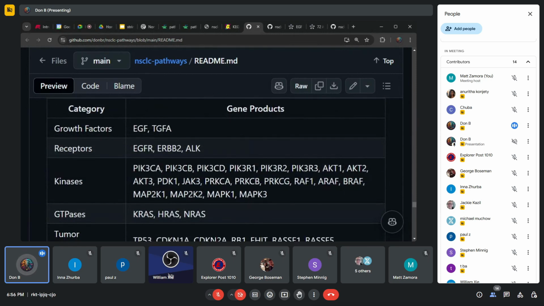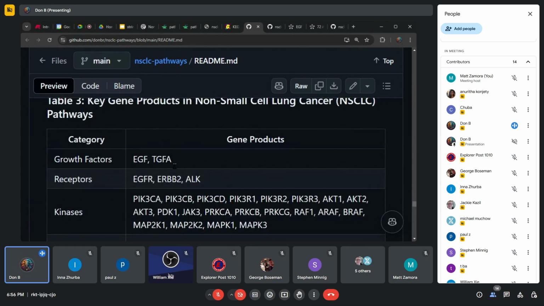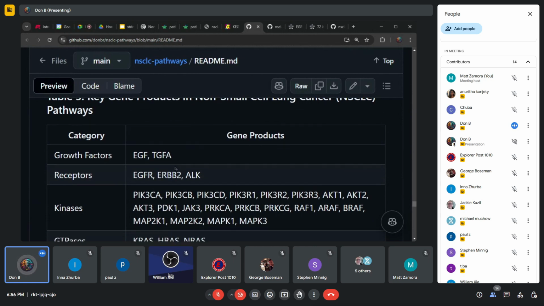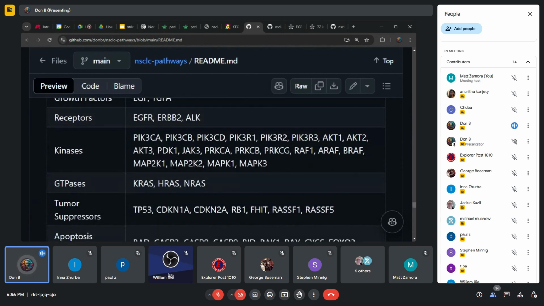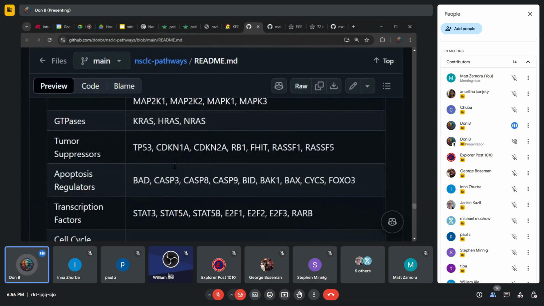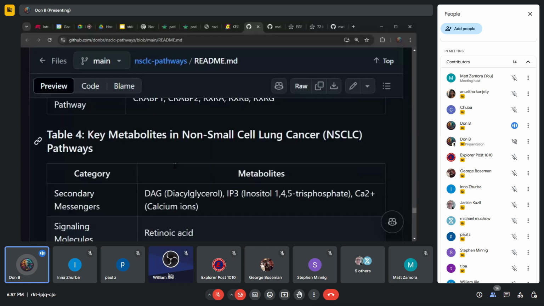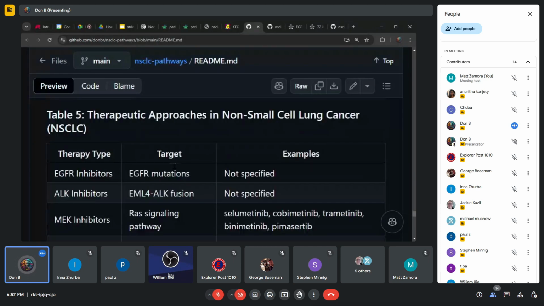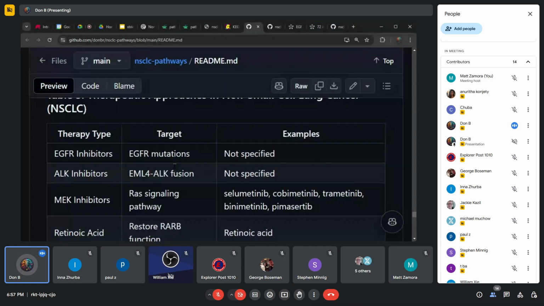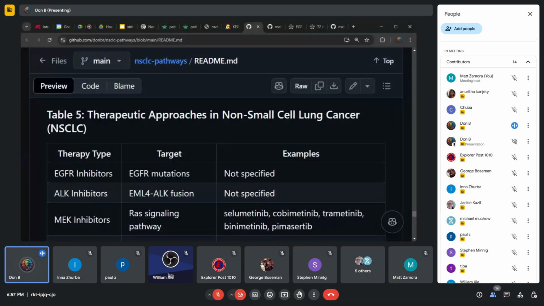So a starting point was to group, based on the data model for WikiPathways, the specific genes by categories: growth factors, receptors, kinases, GTPases, tumor suppressors, etc. I'm not going to read it through literally, but to me, in terms of framing the problem and the approaches, it was very helpful.